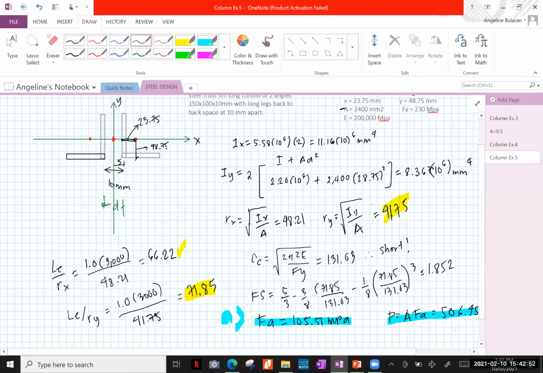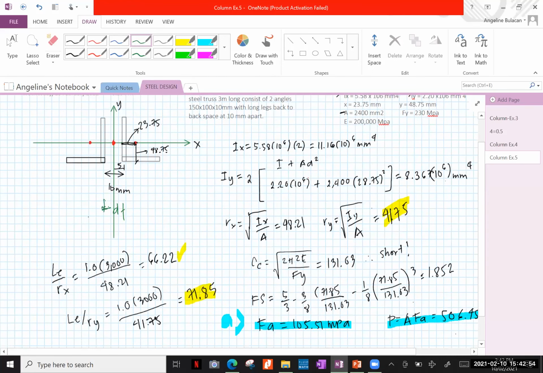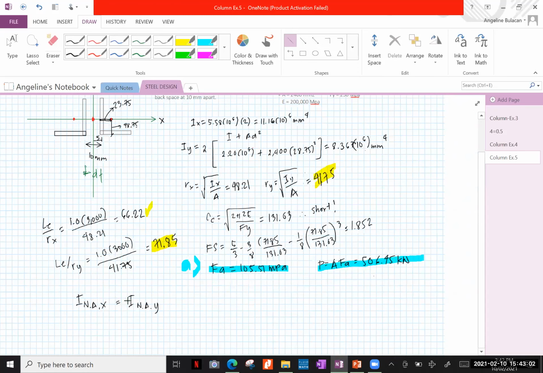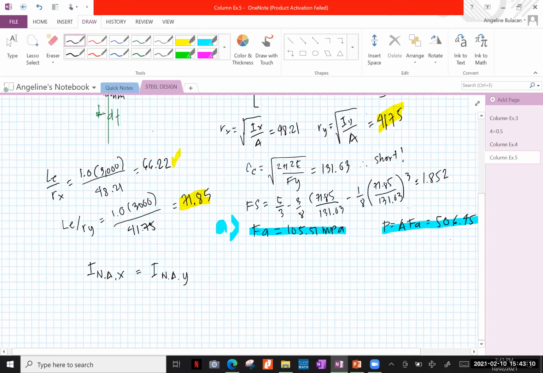Yung distance na to is magdi-differ lang siya sa moment of inertia sa y. So, all we need to do is solve natin. Yung Ix, i-copy lang natin kasi hindi naman siya magbabago.